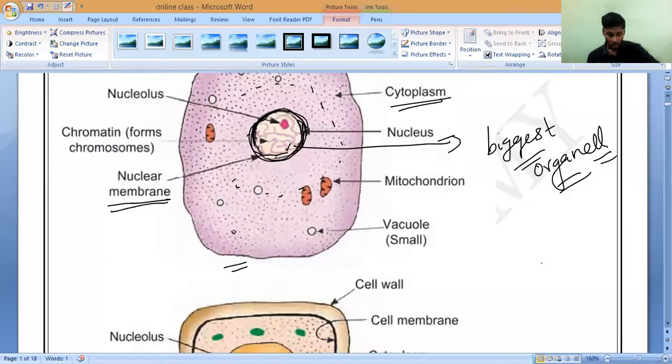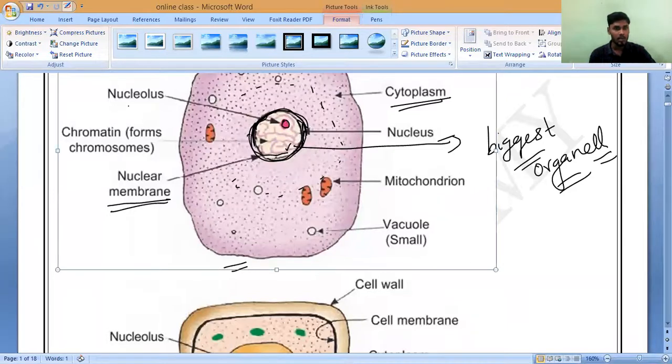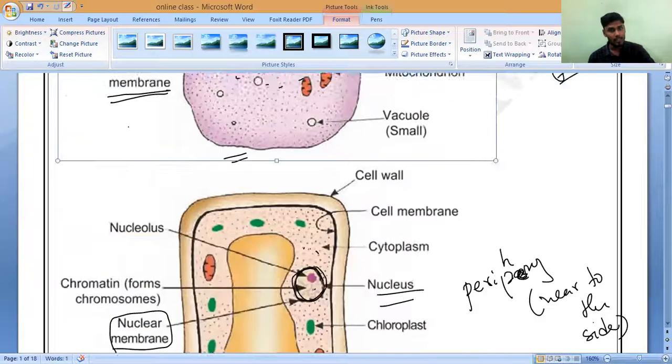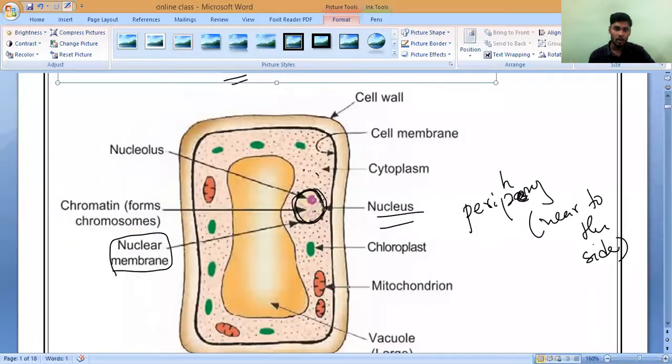Now, inside this nucleus, we have a spherical, ball-like structure. What is this called? Nucleolus. In plant cells and animal cells, both have this nucleolus.